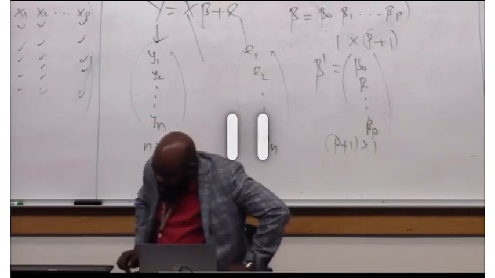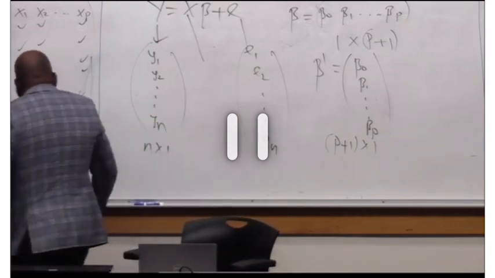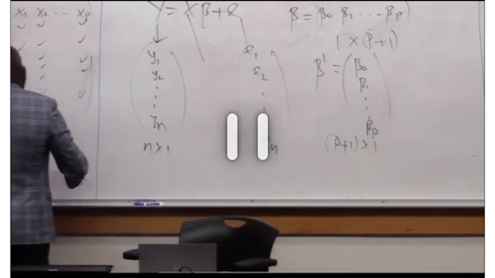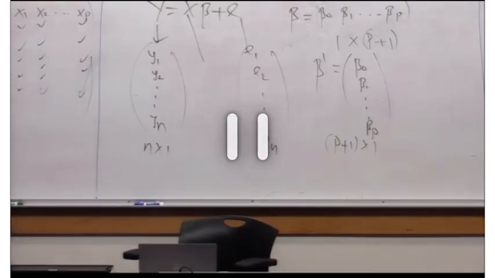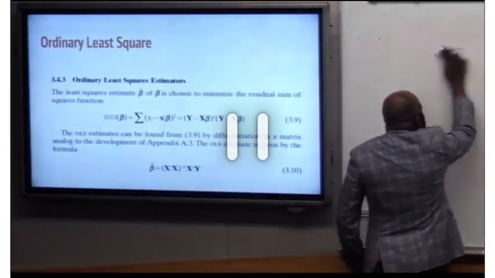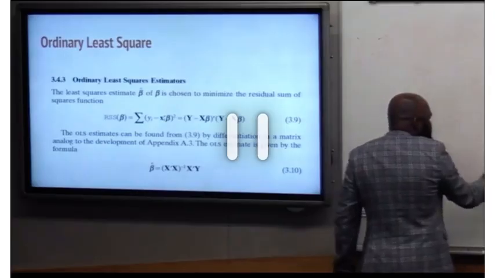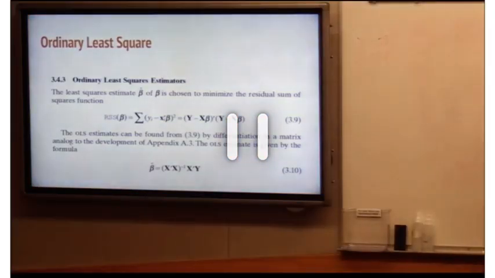Because we're using least squares, we're going to estimate the regression parameters with the motive of drastically reducing the sum of square error.